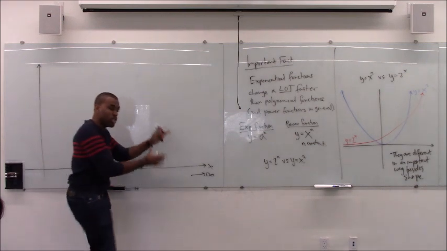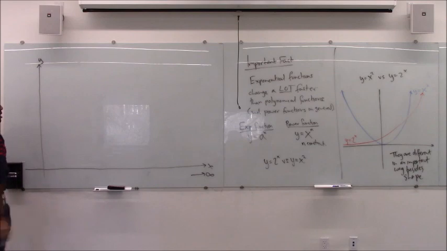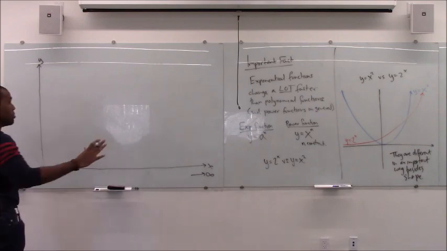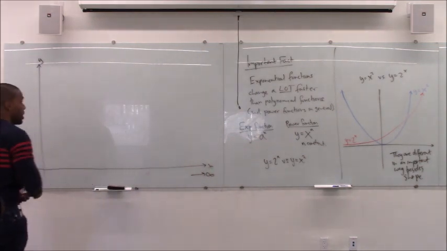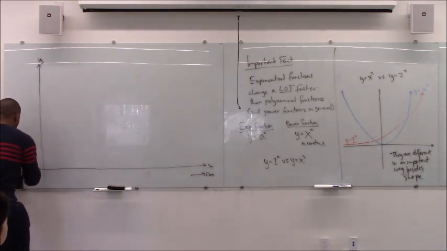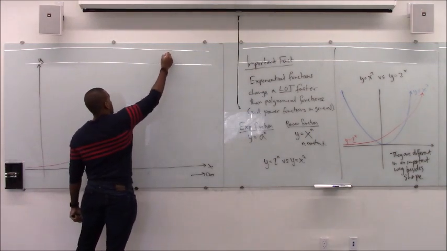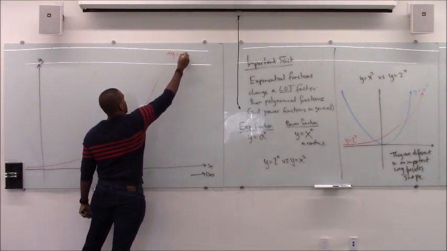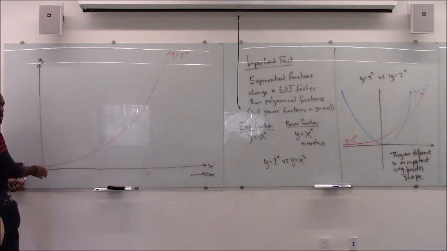Whatever number you want to make, it's huge, bigger than any number you can actually imagine, right? So let's say you zoom out. How would these graphs compare to each other when you actually zoom out? So here's your y equals 2 to the x. What do you think the x squared is going to look like?